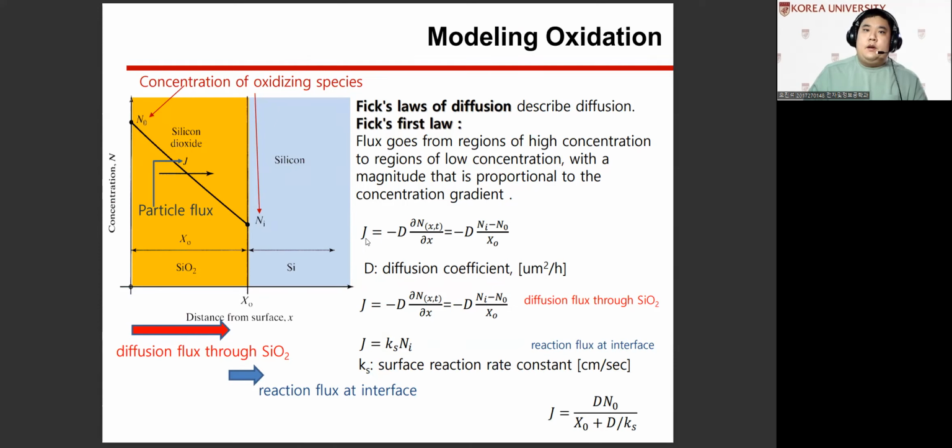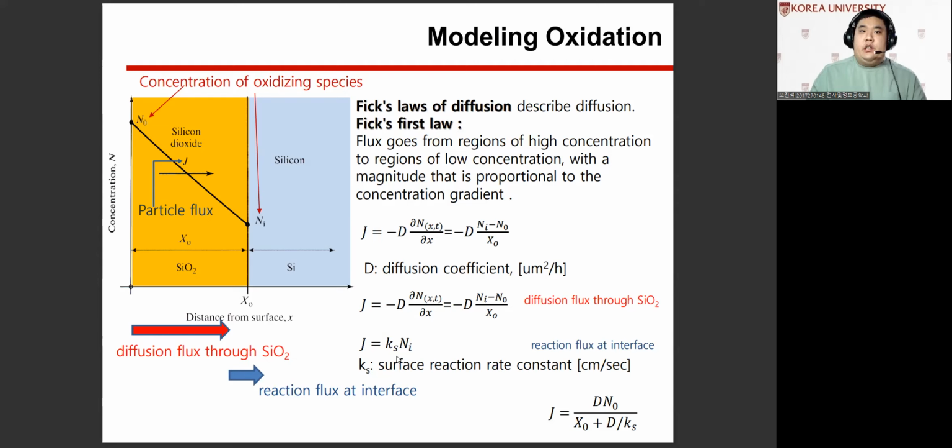The flux of particles coming through the oxide is the difference between the particle numbers at the interface between oxide and silicon and at the entrance of the oxide, divided by the oxide thickness, times the diffusion coefficient.